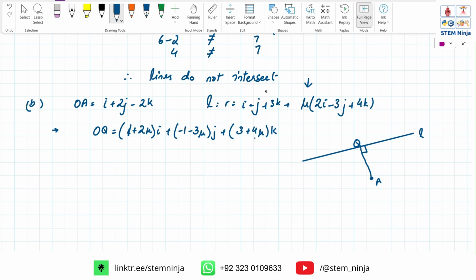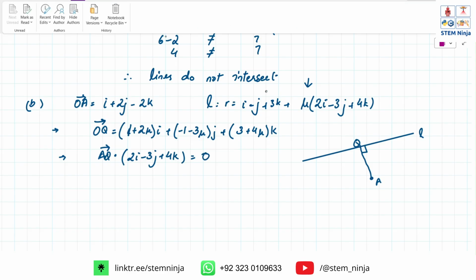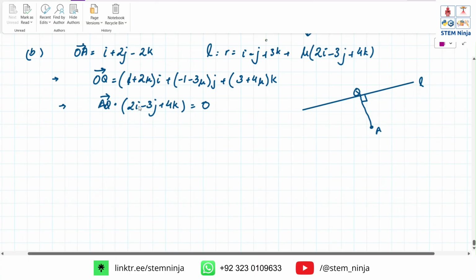This is the position vector for OQ. However, since it is the foot of the perpendicular, the second point is that AQ is perpendicular to the direction vector 2I minus 3j plus 4k, so the dot product equals 0. So these are the 2 steps that we have to go through.